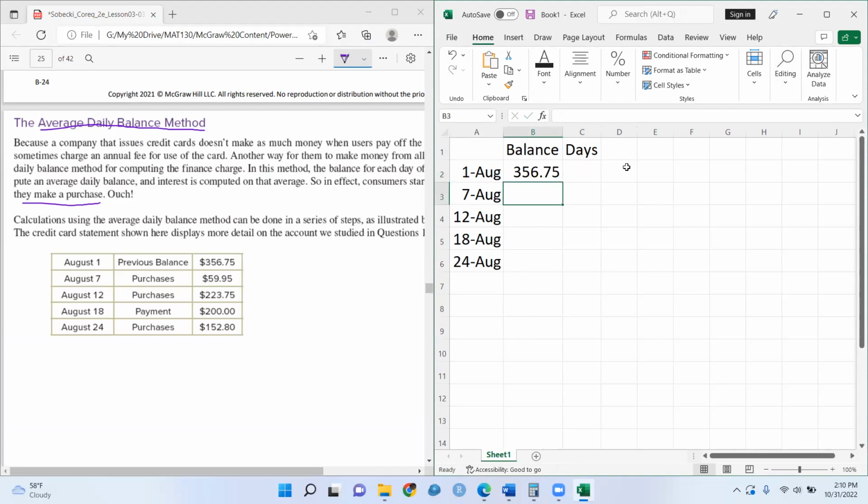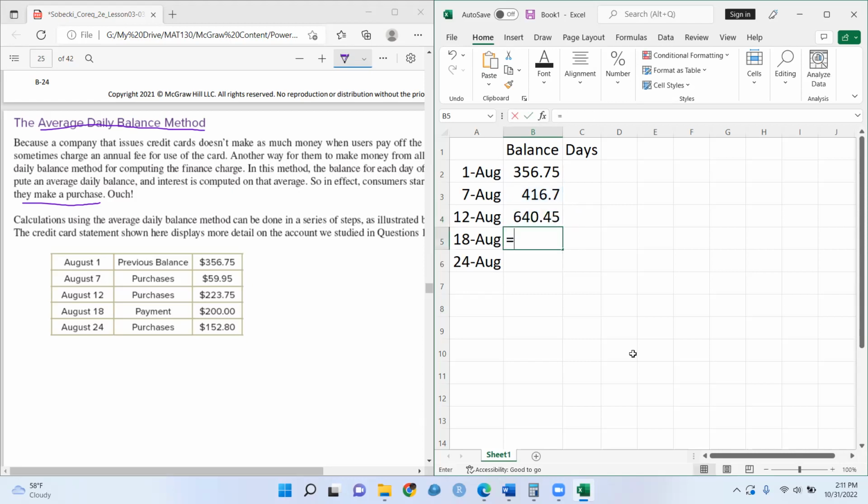Now, think about what's happening here. We're thinking of this as the amount of money on the card. So we're going to add to that previous balance a purchase. On August 7th, we spent $59.95. Then on August 12th, we made another set of purchases, so we take the previous balance and add $223.75.